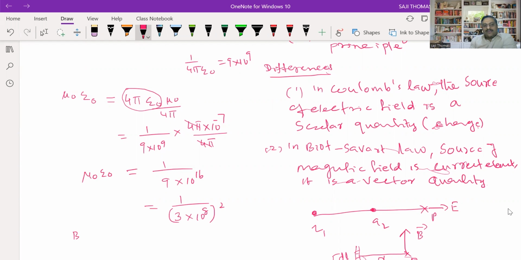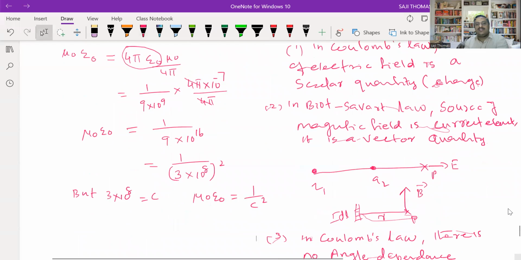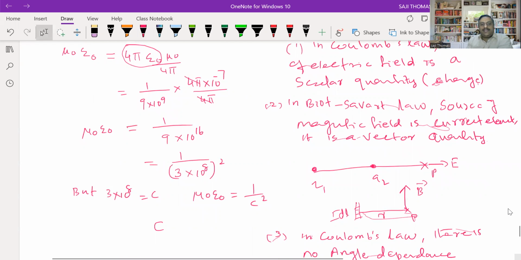But you know 3 into 10 raised to 8 is the speed of light, c. So we can write mu 0 epsilon 0 is 1 by c square. So c square is 1 by mu 0 epsilon 0, and c equals 1 by root of mu 0 epsilon 0.